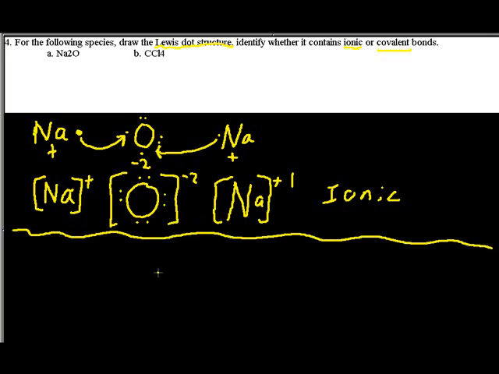Now, what about CCl4? Well, what happens here is carbon has 1, 2, 3. Carbon has 4 electrons on the outside. If you look under carbon and chlorine on the electronegativity chart, the difference between them is not very great at all.